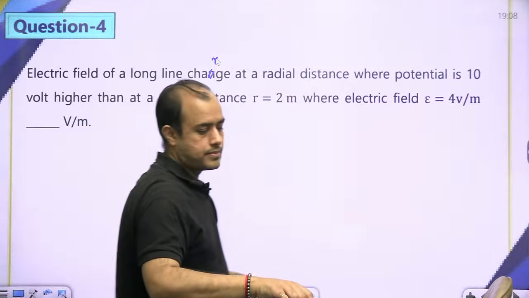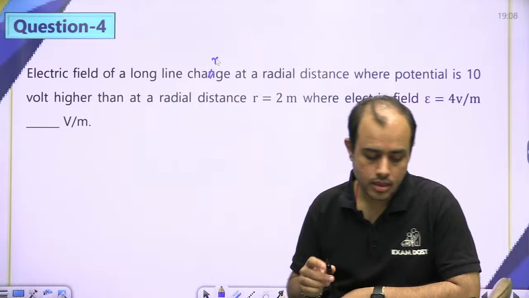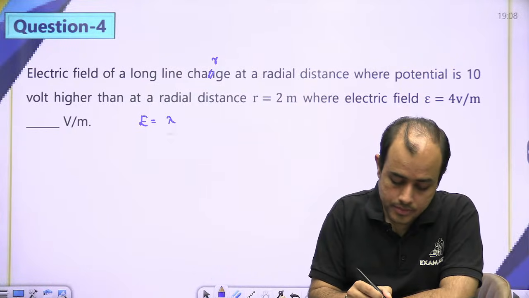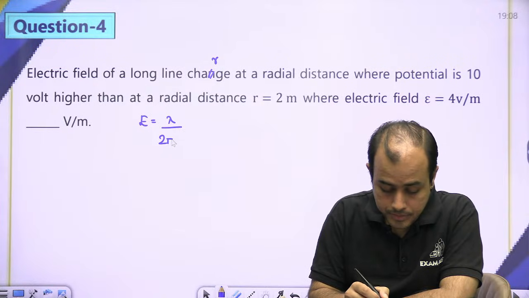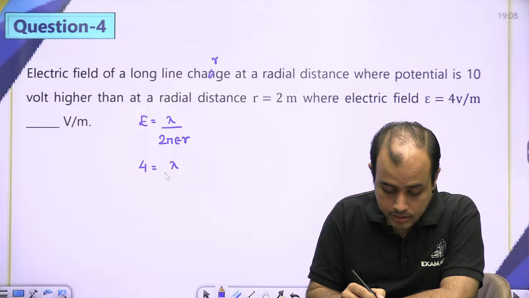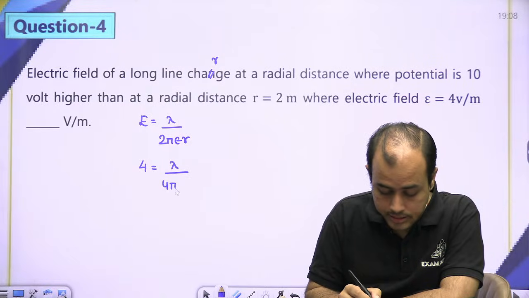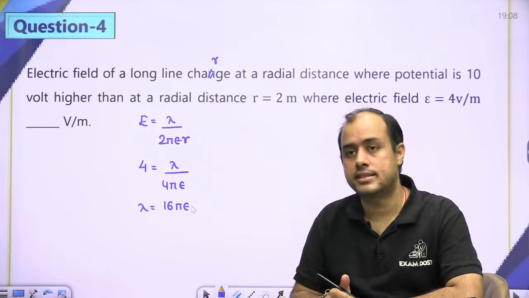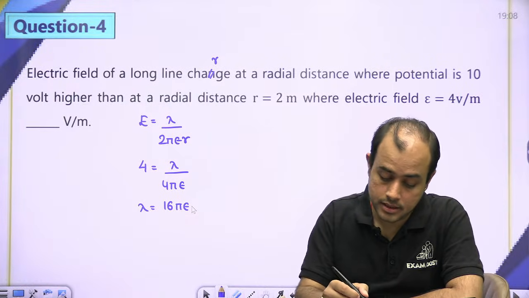देखें भाई, आइए, electric field of a long line charge is this, R is 2, so lambda will be 16 pi epsilon.